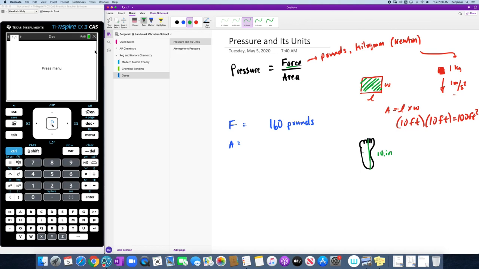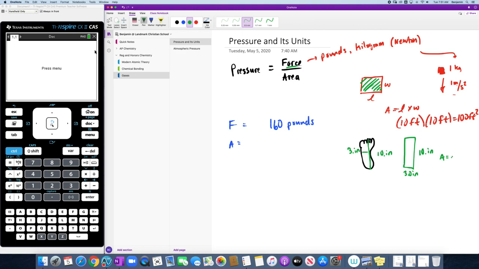And the width across my foot at the middle was about 3 inches. So you can approximate the area of your foot this way by pretending it's a rectangle. That's not true, obviously, but my foot probably occupies something pretty close to 30 square inches.